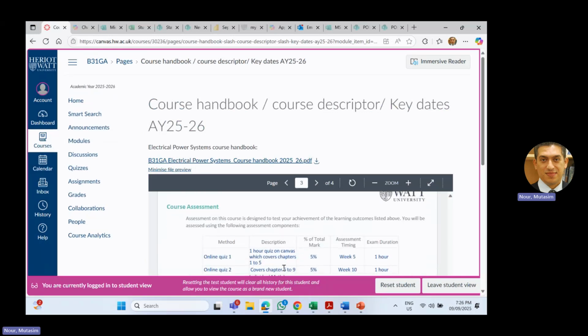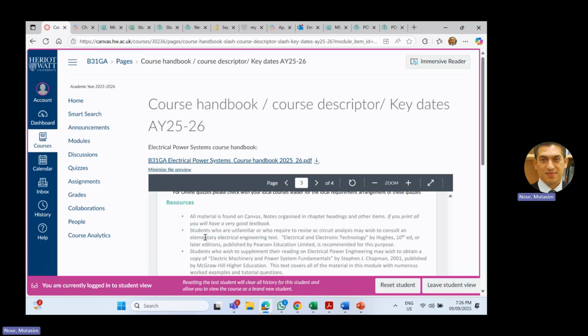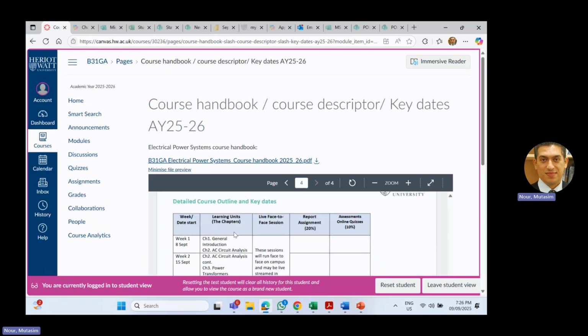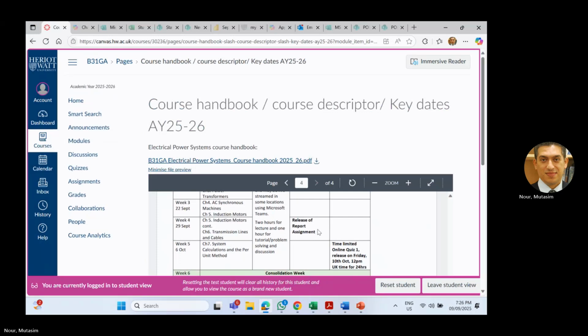Course assessment, as I mentioned. Resources, extra resources also, textbooks, teaching material, and here the key dates. So here, week 4 release of the assignment report, week 5 time-limited online quiz, released on Friday, 10th of October. So the dates are there for you.